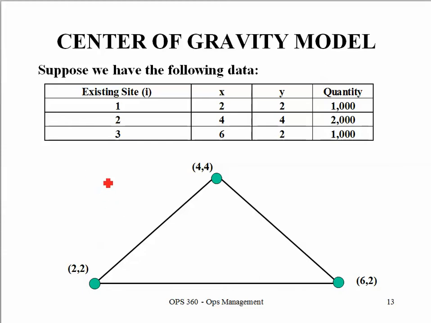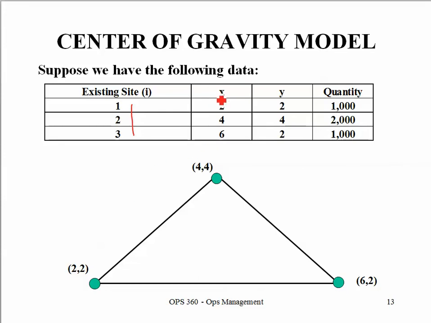Okay, so in our simple example here, we have 3 existing sites, and these could be suppliers or customers or both. I've established a grid with a reference point, and I'm measuring the distances to the existing sites off of that reference point. That reference point is off to the south and west of all of the existing sites.